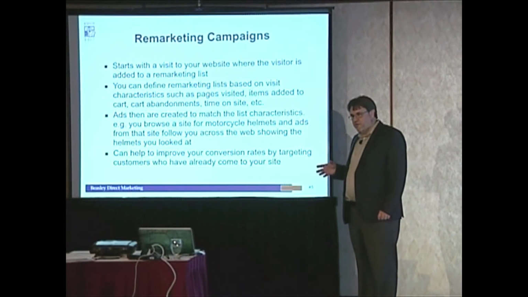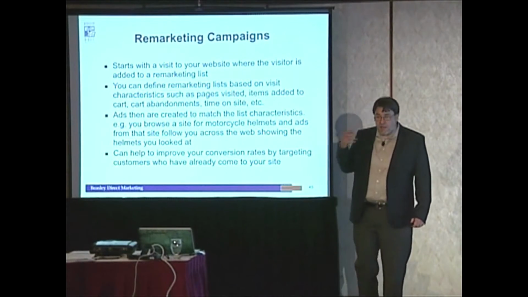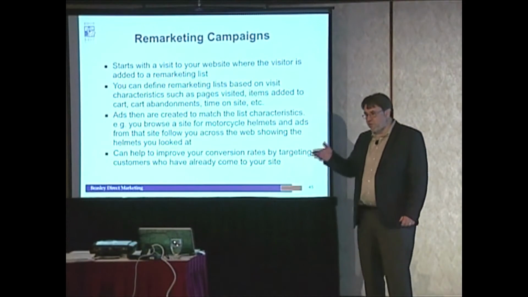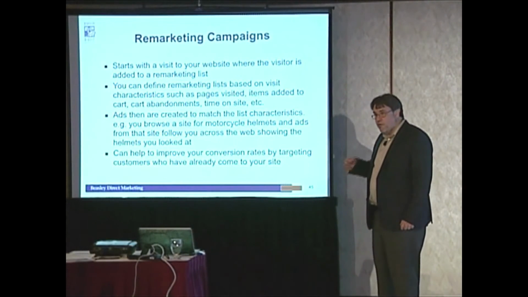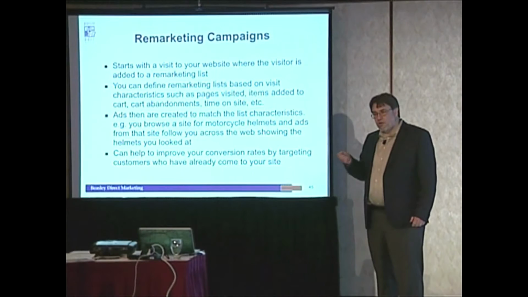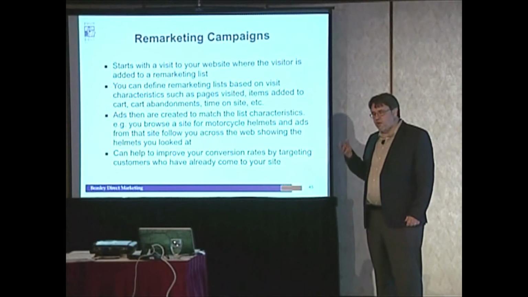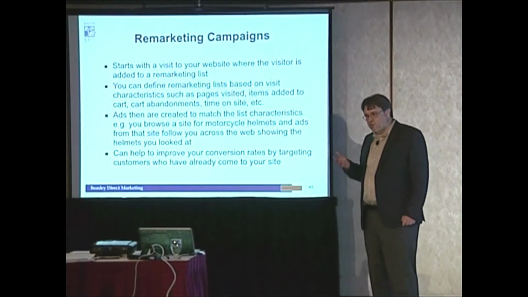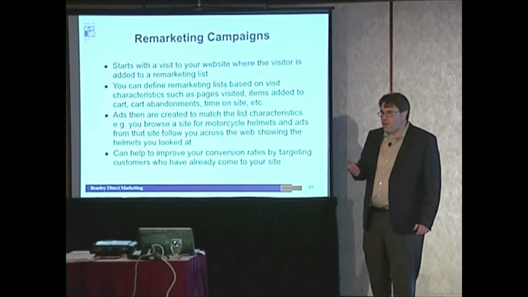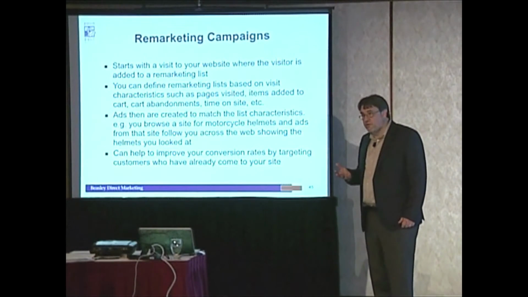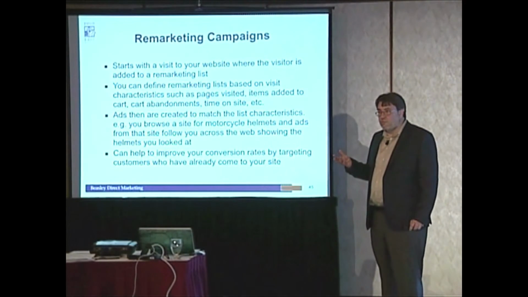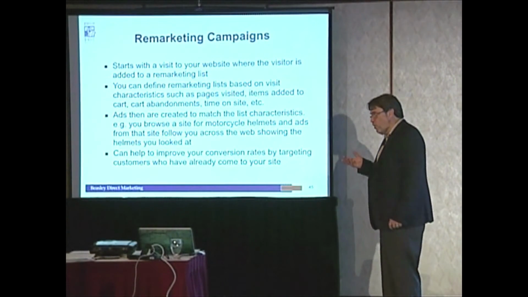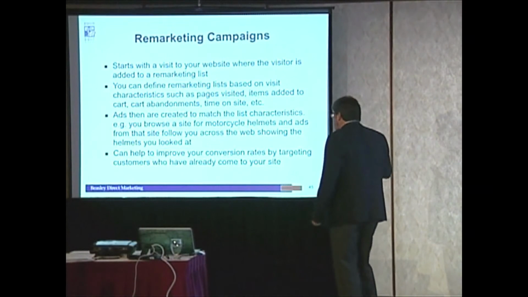It could be number of pages visited, specific pages visited, actions taken, or number of visits within a set time period. If you can logic out what the characteristics of a potential conversion would be, you can create a list around it. Remarketing works better when you have a high traffic website, but it can work well for low traffic websites also.